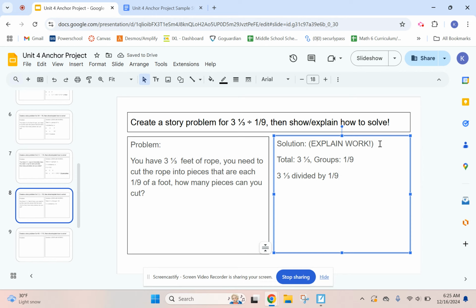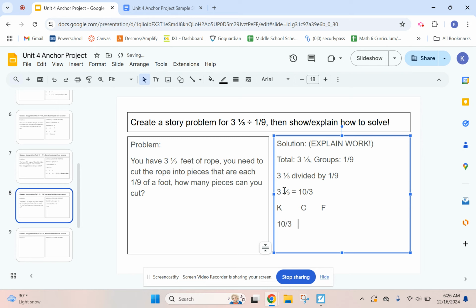First, change your 3 1/3 into an improper fraction. And that's how we're going to do that: multiply the denominator times the whole. 3 times 3 is 9. Add 1. That gives you 10 over 3. Remember, you have to change any mixed numbers into improper fractions first.